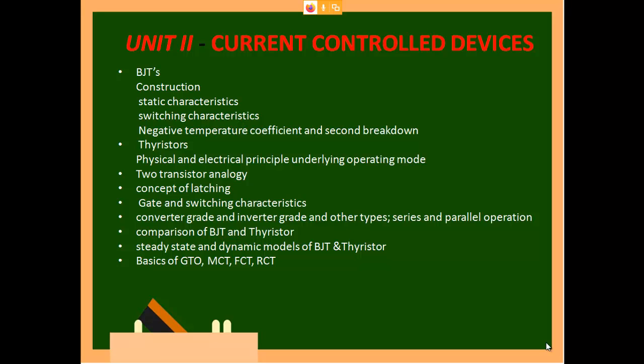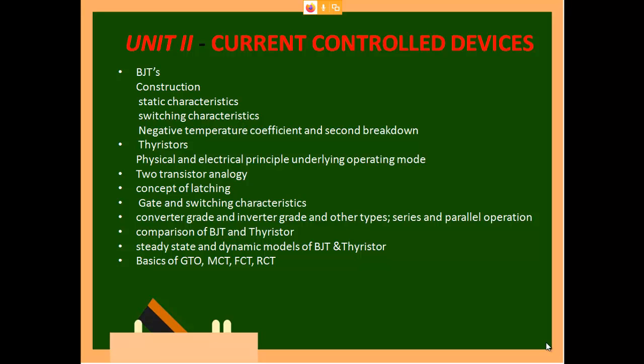There is some issue in current control devices. When you are converting from AC to DC, that is called rectification operation or rectifier operation, there this current control device will be excellent, because automatically your current gets to zero after every 20 milliseconds.